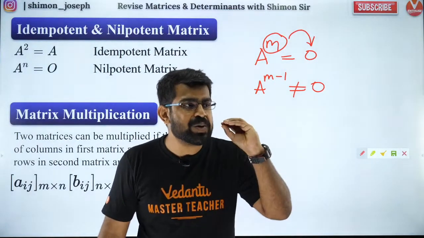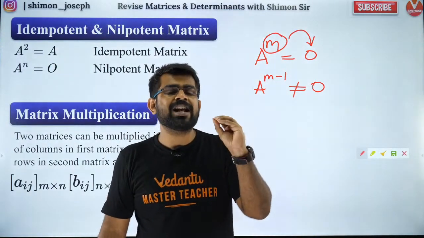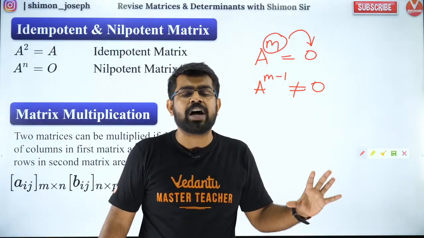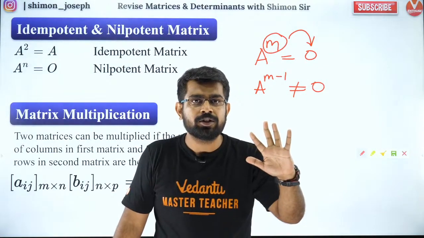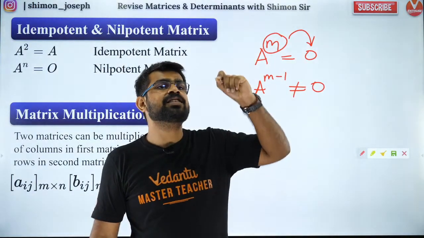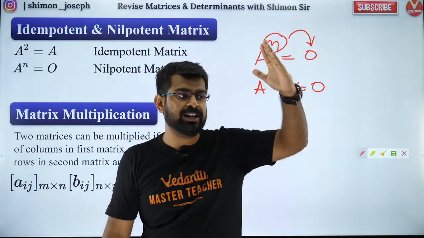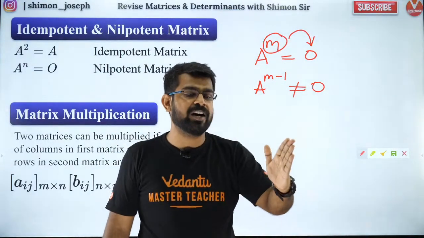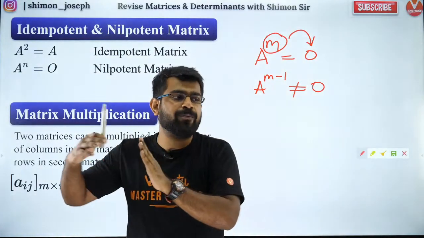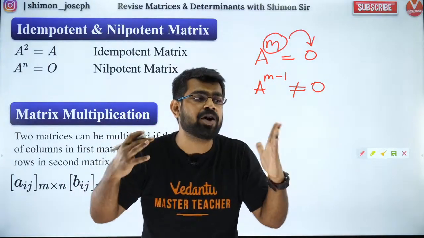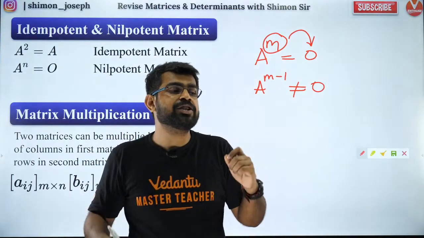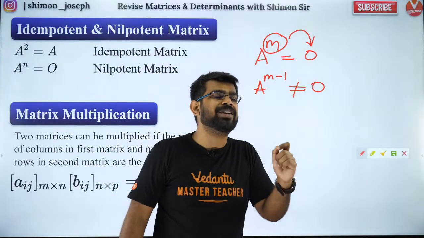So Noah, when you have a matrix A, let's say it is non-zero. Non-zero means what? All the elements of A are not 0. So that is what we call a non-zero matrix. Now let us find some higher power of A. Let's say you keep finding A square, A cube, A power 4, A power 5. Like that you keep finding out. Now some power of A, let's say A power 6, becomes 0. Then you call it a nilpotent matrix.